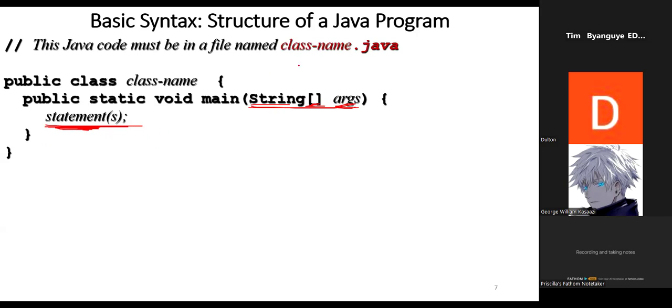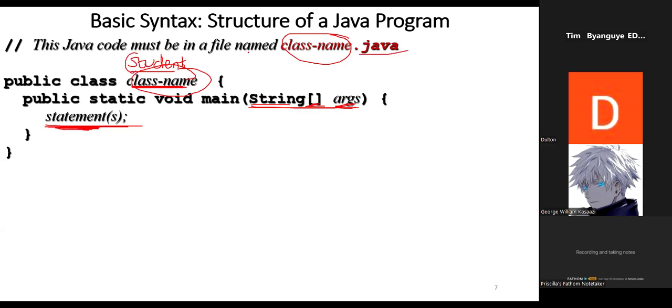Now, the takeaway here is the class name that you give here is supposed to be the name of your file. Meaning, if this class is called Student, I will save this in a file called Student.java.